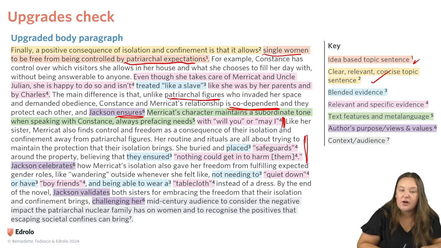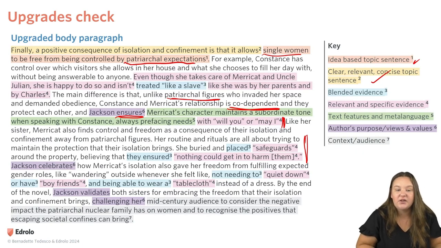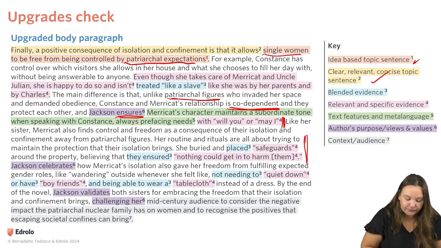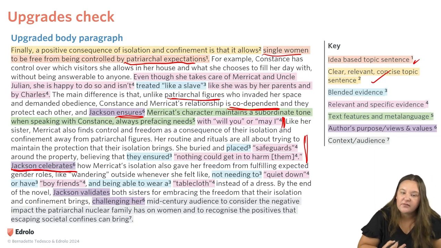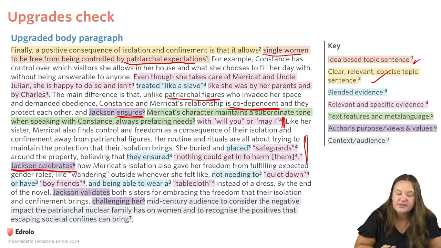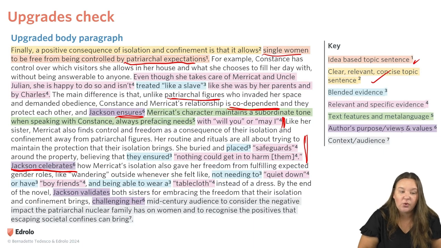This upgraded body paragraph has fleshed out the amount of exploration of that second piece of evidence. Jackson celebrates. So I've embedded that author's purpose and views and values. How Mary Kat's isolation also gave her freedom from fulfilling expected gender roles, like wandering outside whenever she felt like, not needing to quieten down or have boyfriends, and being able to wear a tablecloth instead of a dress.